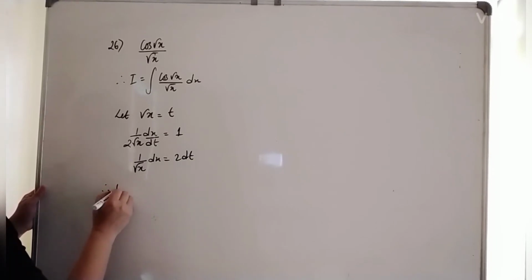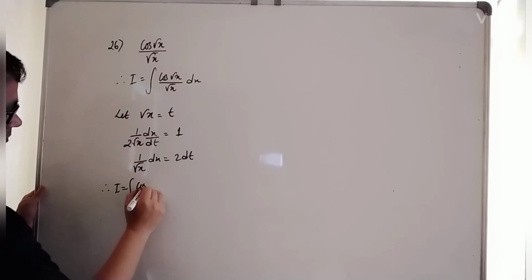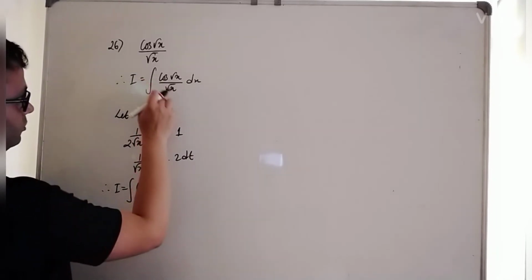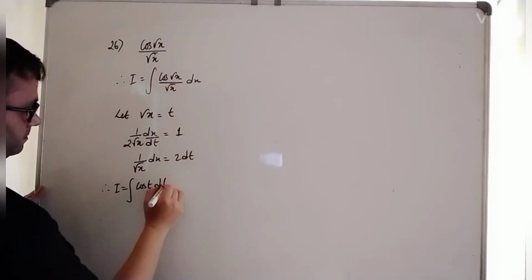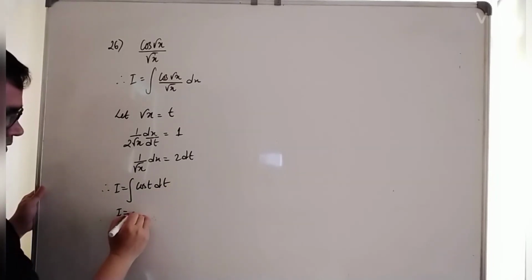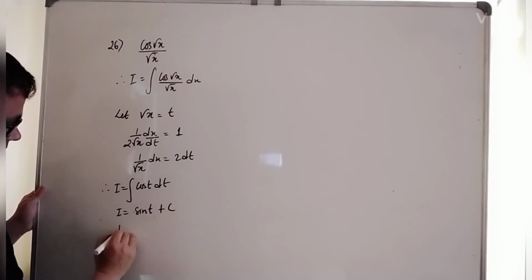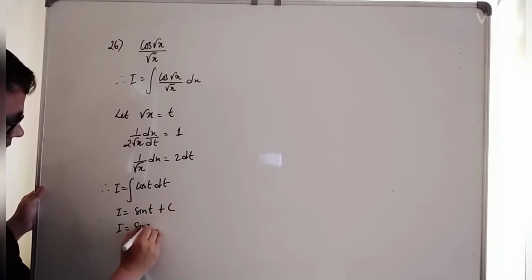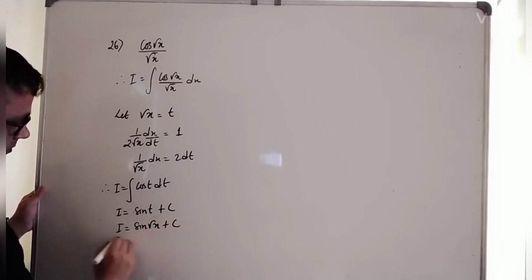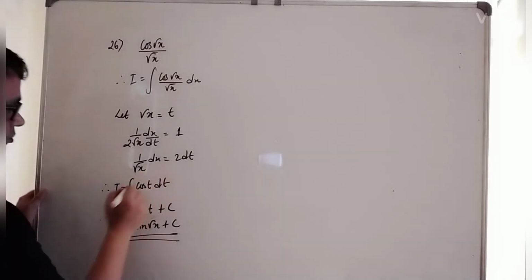Therefore I equals integration of cos t, and 1 by root x dx is dt. I equals integration of cos t is sin t plus c. I equals sin root under x plus c. Oh, here is 2 also.